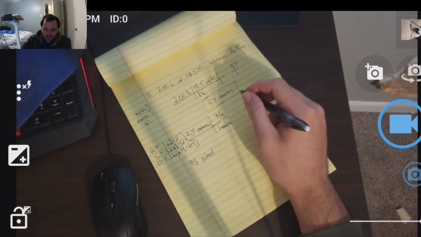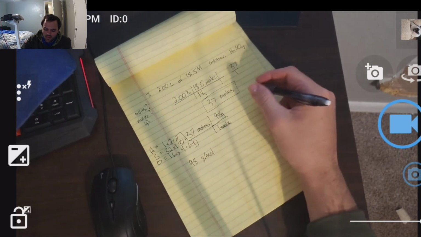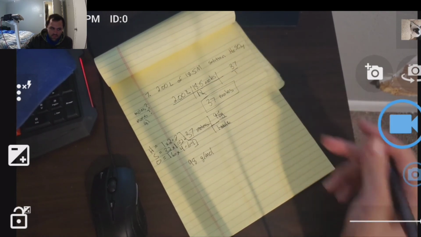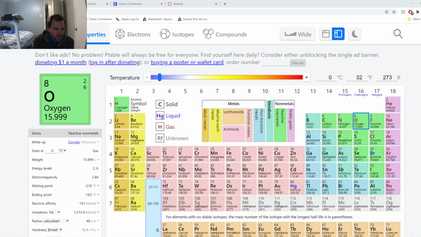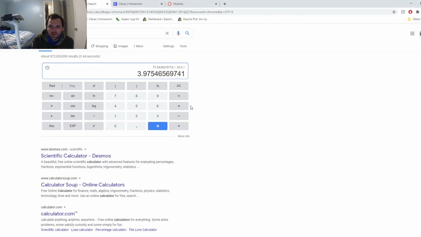All we've got to do now is multiply. 37 times 98 comes out as a big old number. I don't know off the top of my head. So let's plug it in our calculator. So that's 3,626.